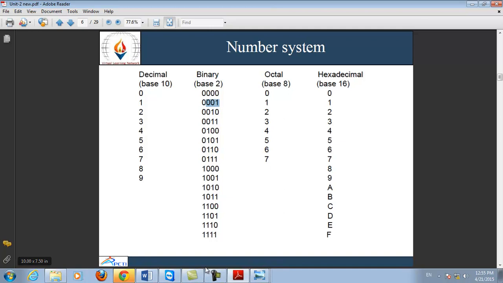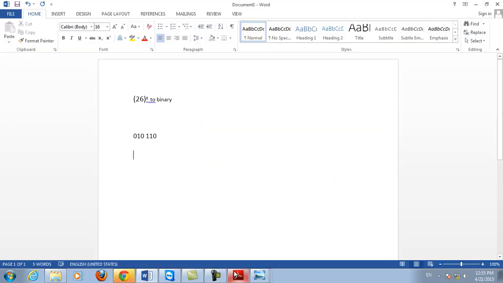Similarly, if you want to convert a binary number to its equivalent octal number, for example, this is the binary number, then you have to make groups of 3 digits, that is 011, 010, and if there is any number like 0 which remains after making groups of 3, then you can put extra zeros on the left side to make the group of 3 bits.